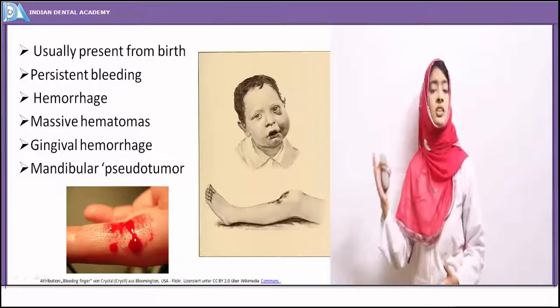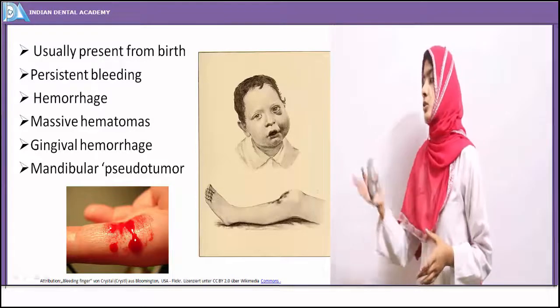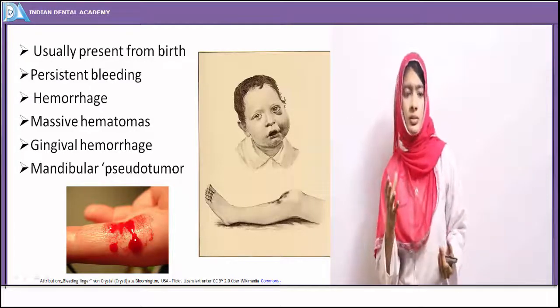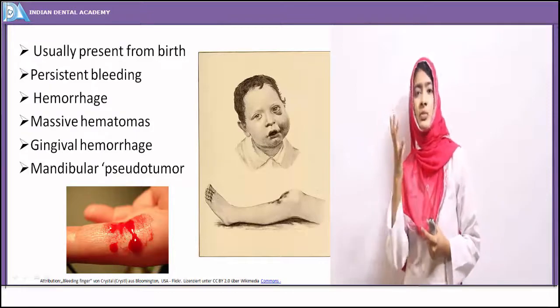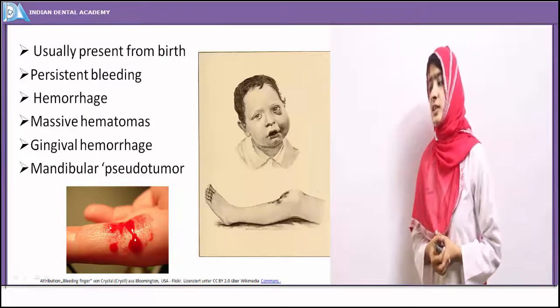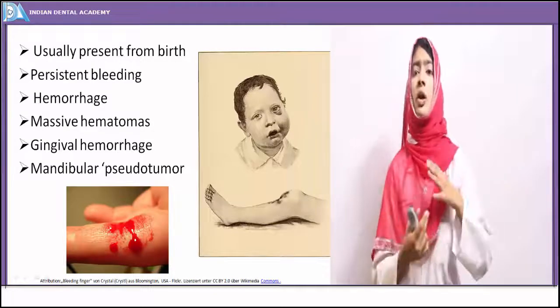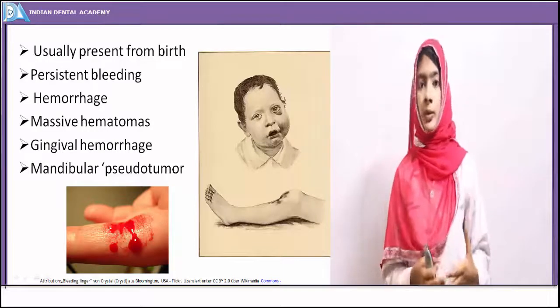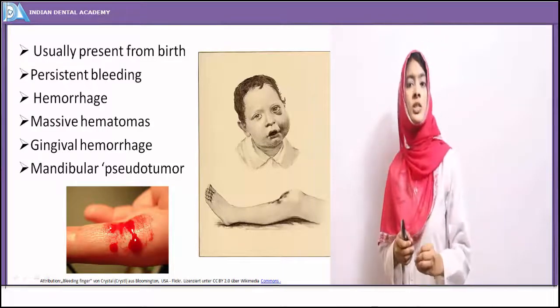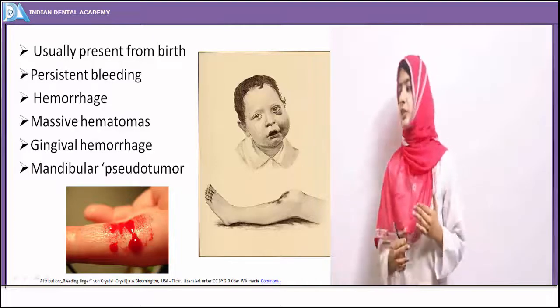The characteristic of hemophilia is hemorrhage into the joints. In the affected child, even a minor trauma may lead to bruising of the skin and eventual hemorrhage. Massive hematomas are seen. The injury may not be of such grade that it leads to a hematoma, but minor bruising or cuts also lead to severe hemorrhagic response in cases of hemophilia.